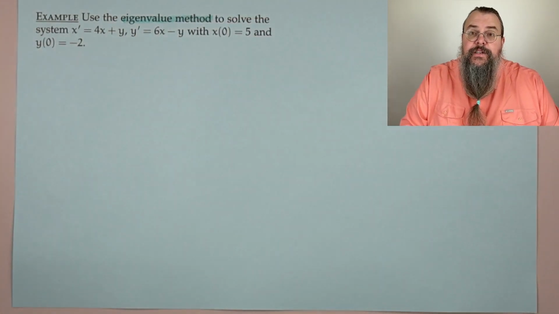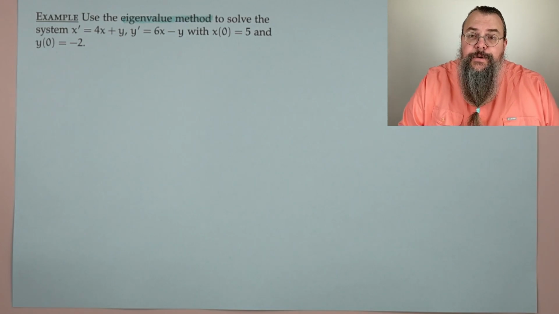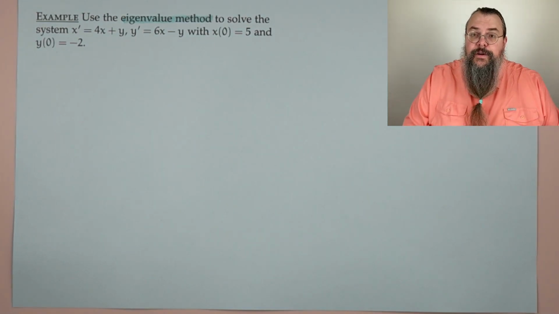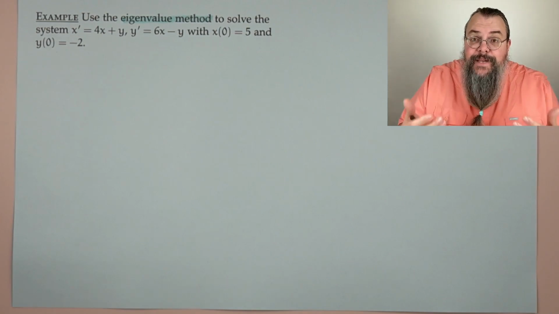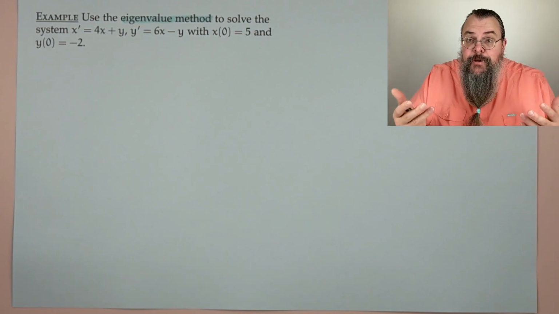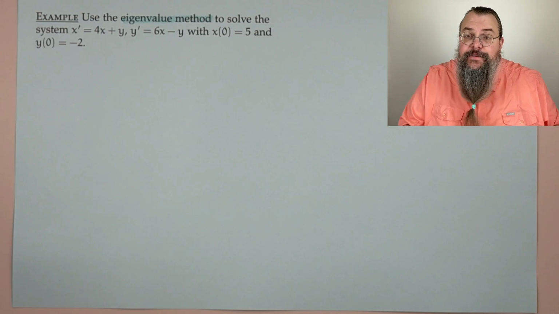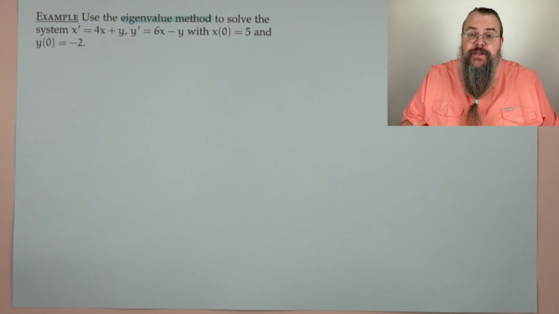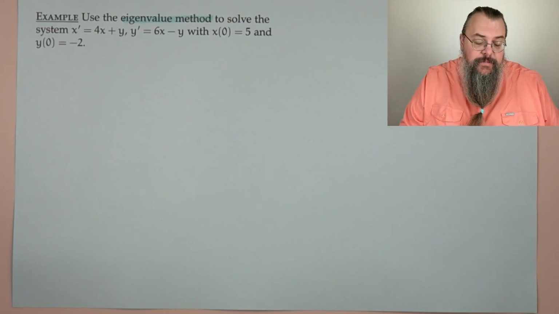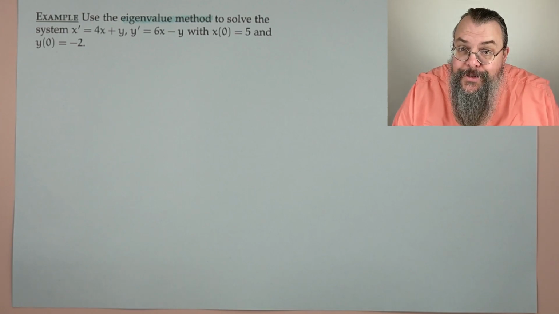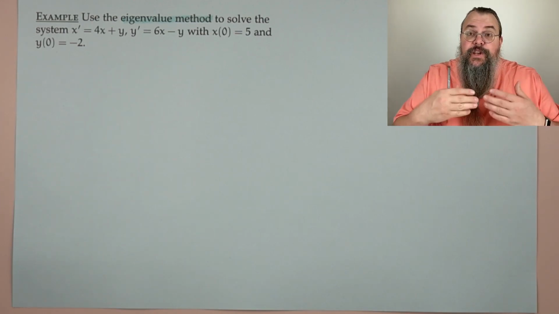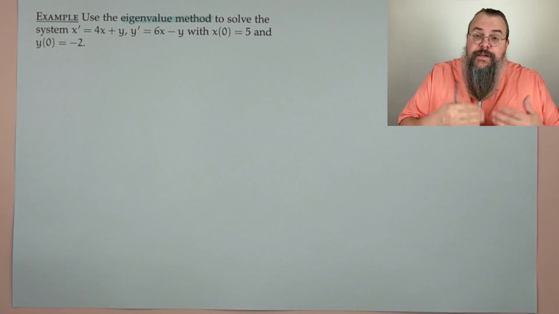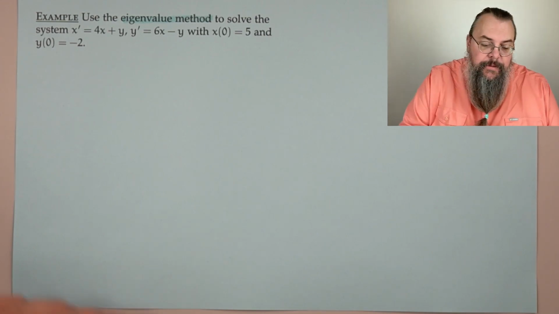Now you might say, wait a second, we have a problem. What's our problem? Well, the eigenvalue method has matrices, because eigenvalues and eigenvectors are always in reference to a matrix. There's no matrix in this problem. Or is there? Here's the thing: we can rewrite the problem in a matrixy type way.